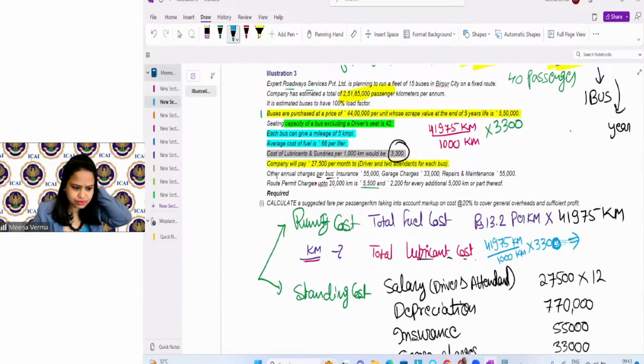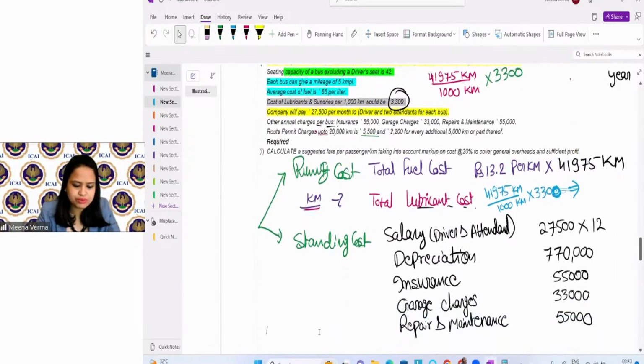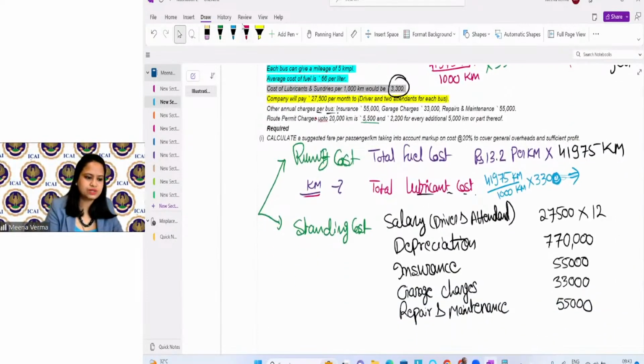What else do we have here? Fuel cost we have considered. Yes, we have considered. What else? Yes, route permit charges we have to find. All right, let's go to route permit charges, the last one.